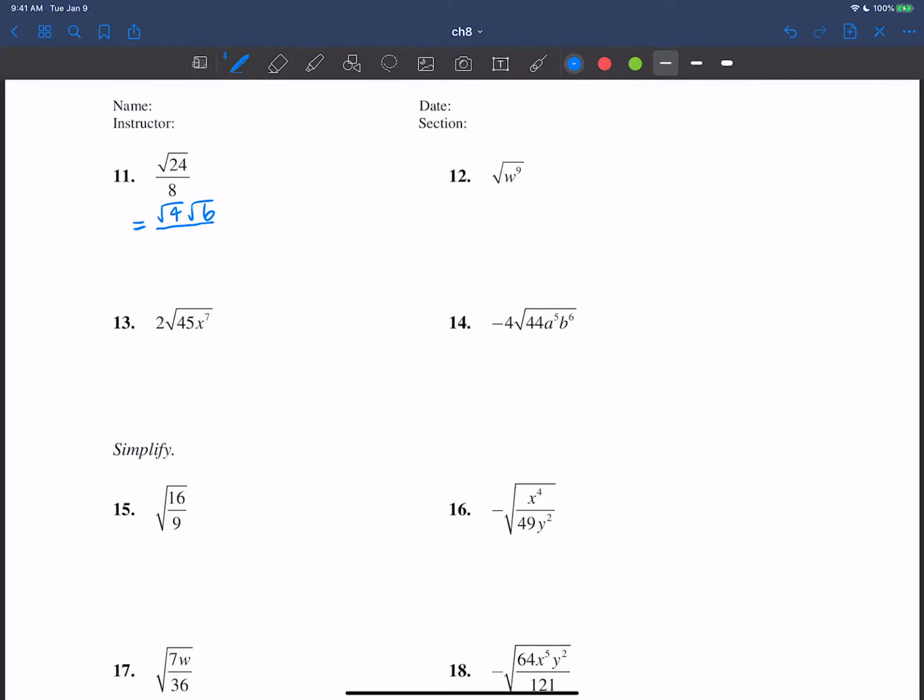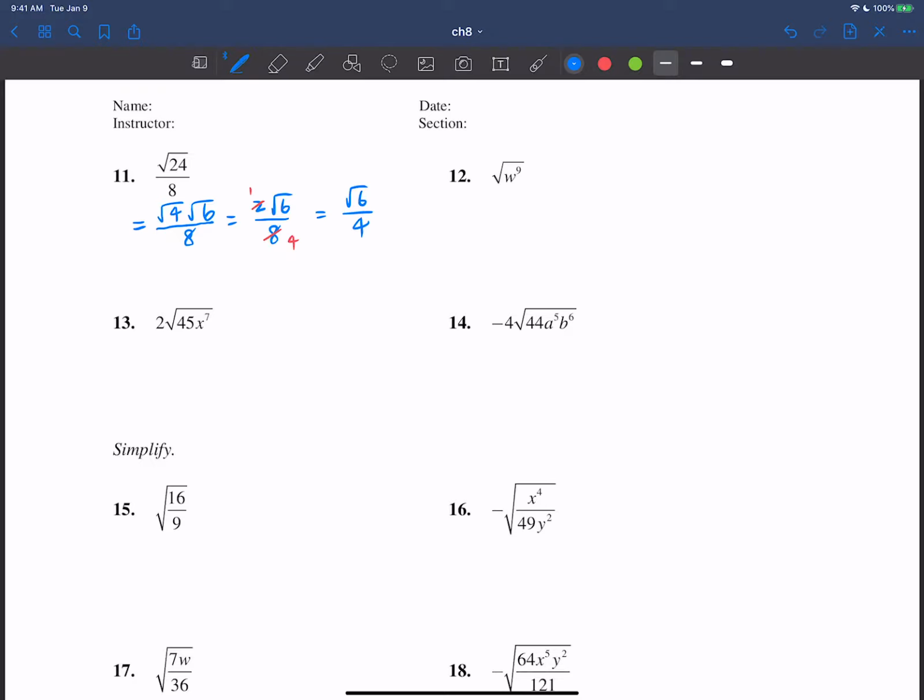As for the denominator, it's already a whole number, so you don't need to do anything about that. Now let's simplify. Radical 4 is 2, followed by radical 6 over 8. 2 and 8 have a common factor of 2, so you divide both of them by 2. 2 becomes 1, 8 becomes 4. Write our final answer, radical 6 over 4.